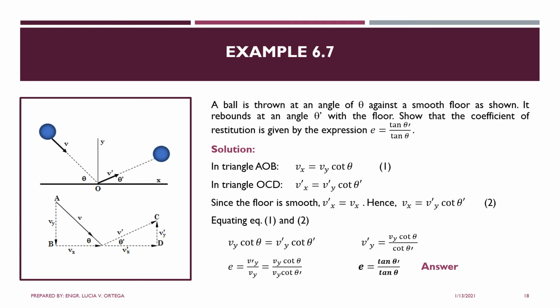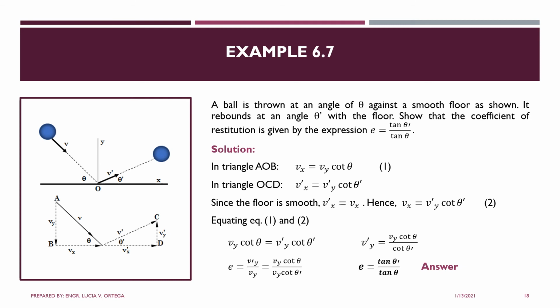E is the velocity after impact divided by the velocity before impact. It's a single body. There are no two colliding bodies, only one colliding with a fixed floor, so definitely the floor will not move. So what we consider only is the vertical component of the velocity after impact divided by the vertical component of the velocity before impact.